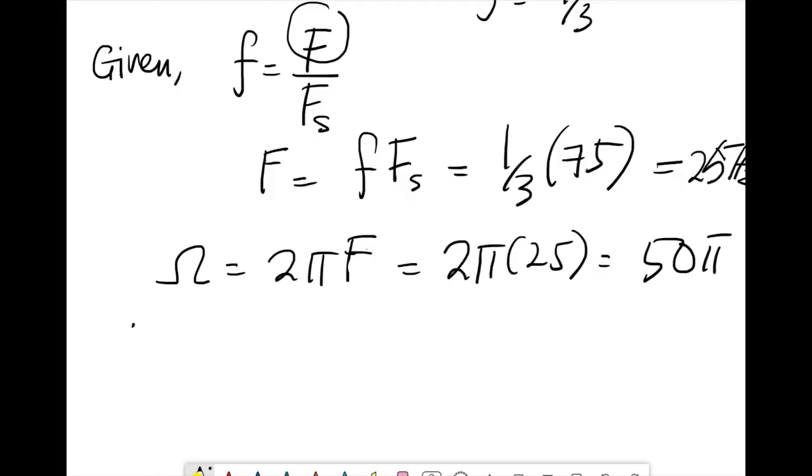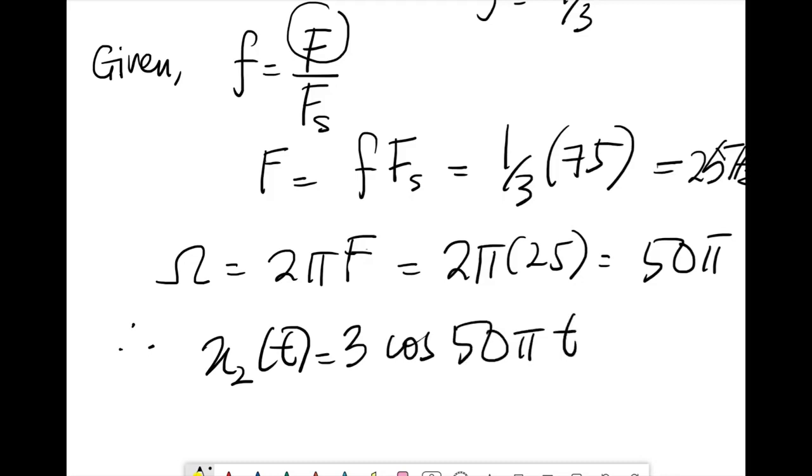So therefore x2(t) equals 3 cos 50 pi t. And so this is your sinusoid that is obtained from the same discrete time signal. Okay.